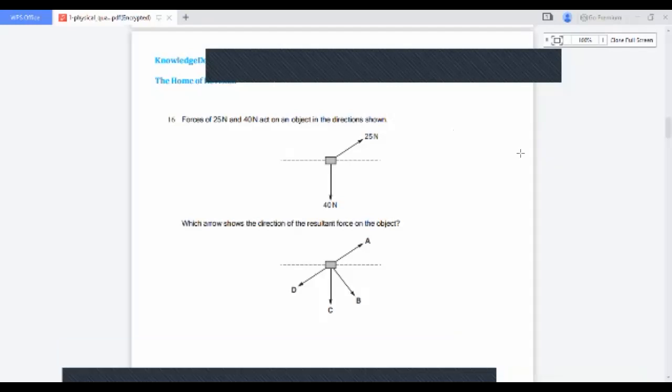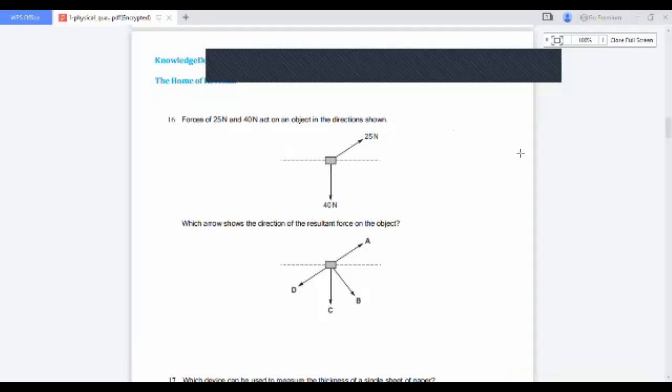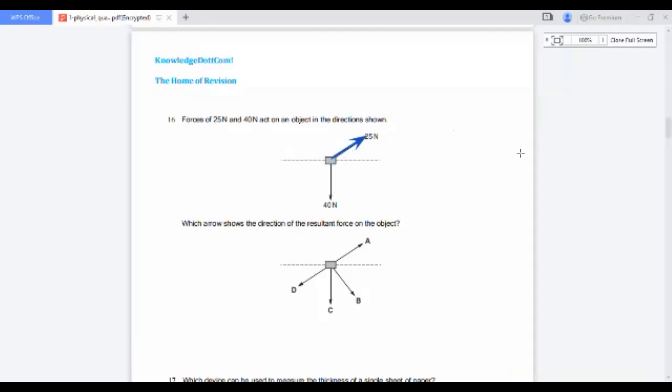Number 16, forces of 25 Newton and 40 Newton act on the object in the direction as shown. Which arrow shows the direction of the resultant vector? So let's see what the resultant vector is. Here is, suppose, this 25 Newton. I am going to displace it from here to the head of the 40 Newton vector like this.